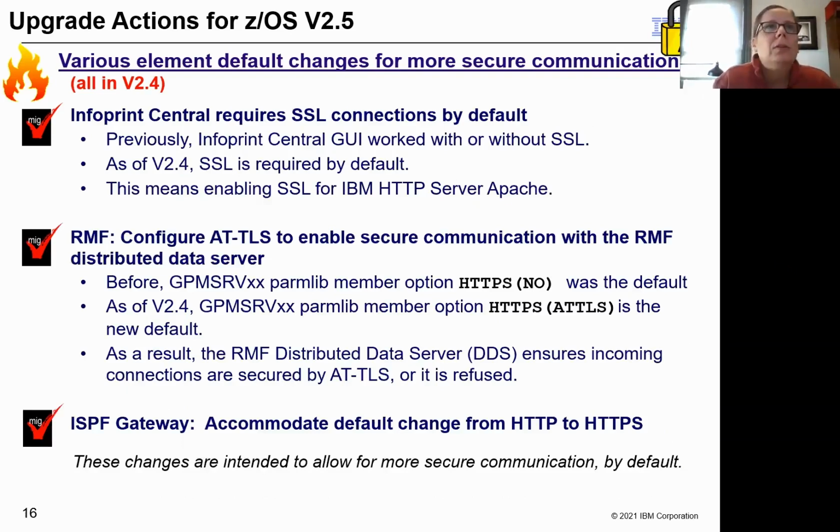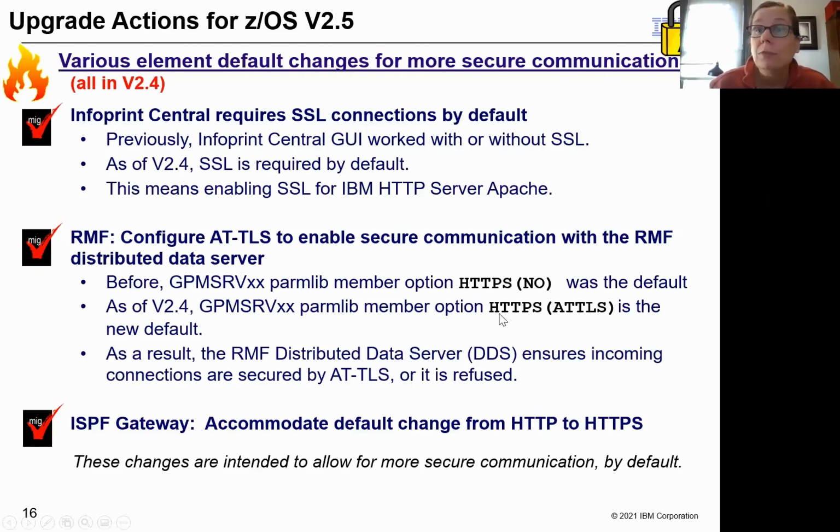The second slide on this is that InfoPrint Central is going to require SSL connections by default. This means you need to enable SSL for the IBM HTTP Server Apache. For RMF, you can configure AT-TLS to have secure communications with RMF DDS. You do that in the GPMSERVE parmlib member.